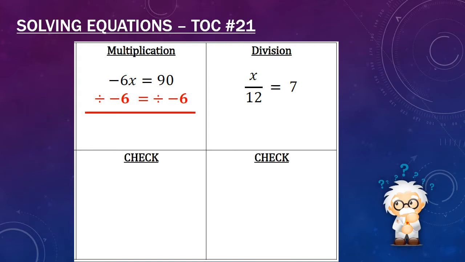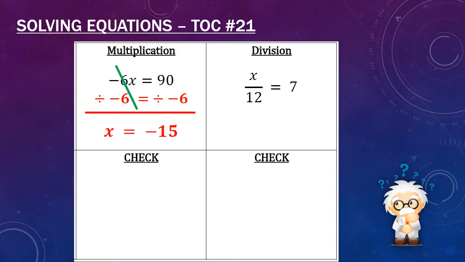But if I have a negative 6 and I divide by a negative 6, I'm just going to get 1. And if I have 90 divided by negative 6, remember you can use a calculator. I know that's a pretty big number. But if I have a positive divided by a negative, I'm going to get a negative 15.